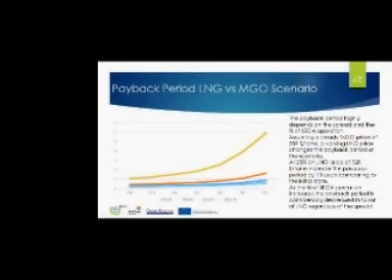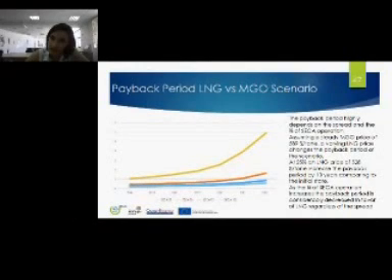We evaluate LNG and MGO, and what we can conclude from this diagram is that when the percentage of time inside a sulfur emission control area increases, then the payback period when comparing LNG and MGO decreases.